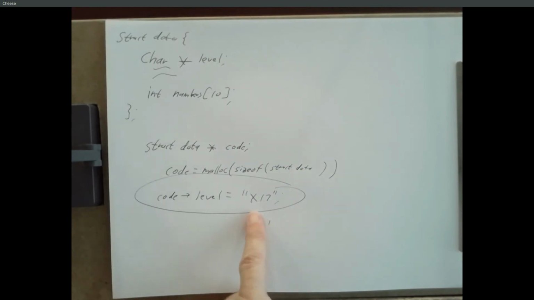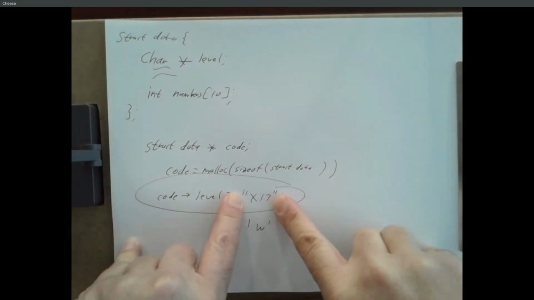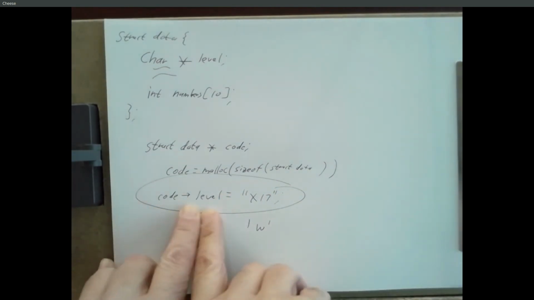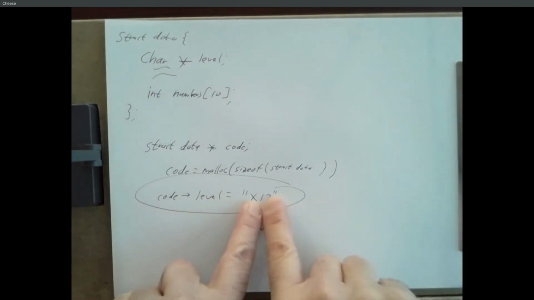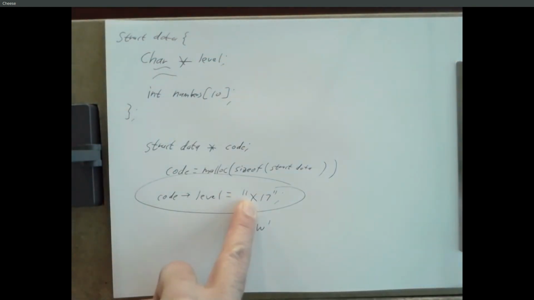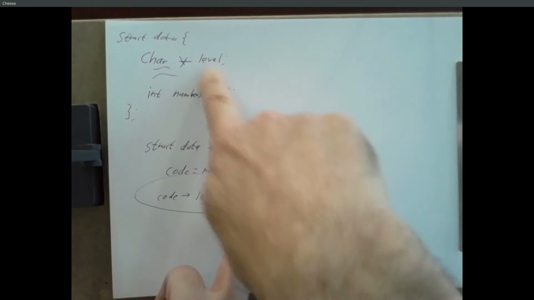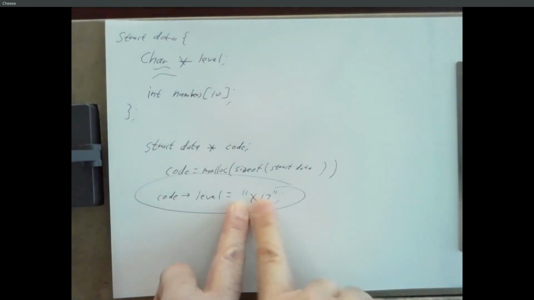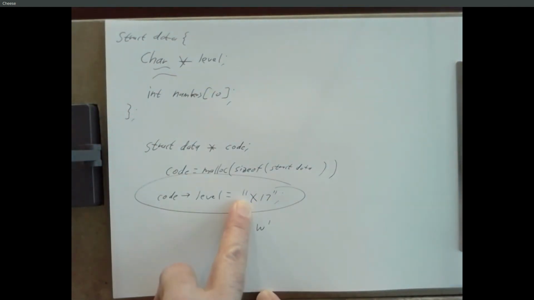One, it finds a section in memory that's big enough to hold 4 bytes, and it arranges to have those 4 bytes filled with an x, a 1, a 7, and a null terminator. And then it replaces this with the address in memory where it's storing that first character. So when you do this, code arrow level equals, you're really taking that char star and setting it equal to the address of that x. So now level is a string that basically contains x17 and a null terminator.